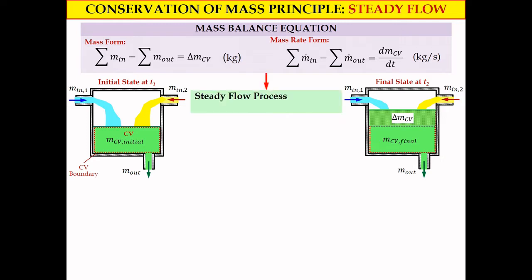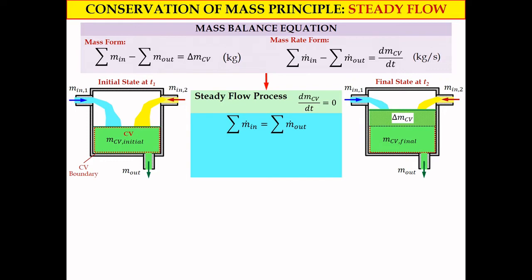For the steady flow process, the term dm_cv over dt will be 0 in the mass balance equation. The purpose of the steady flow process is actually to simplify the equation.